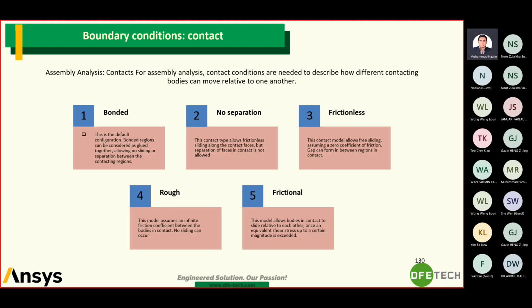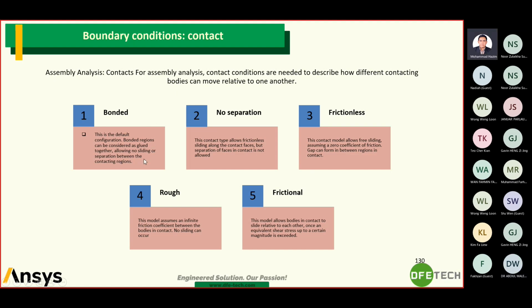So the next is about the contact. Contact has 5 types, which is bonded, non-separation, frictionless, rough, and frictional. Normally in the elastic study, we usually use 2 contact, which is bonded and non-separation.